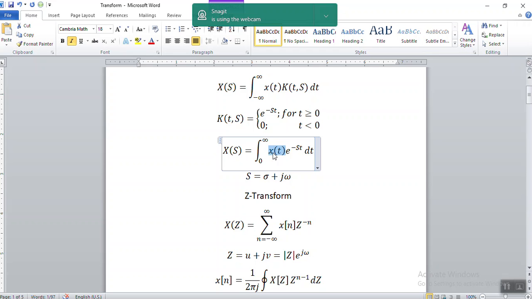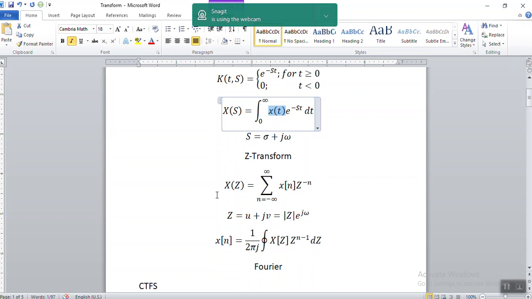Then, if you do the Laplace transform of that sampled signal, it becomes the Z transform. So, the Z transform is nothing but the discrete time Laplace transform, or Laplace transform of a discrete time signal. The relationship between s and z is z is equal to e to the power s tau, where s is the Laplace transform variable and tau is the sampling interval.